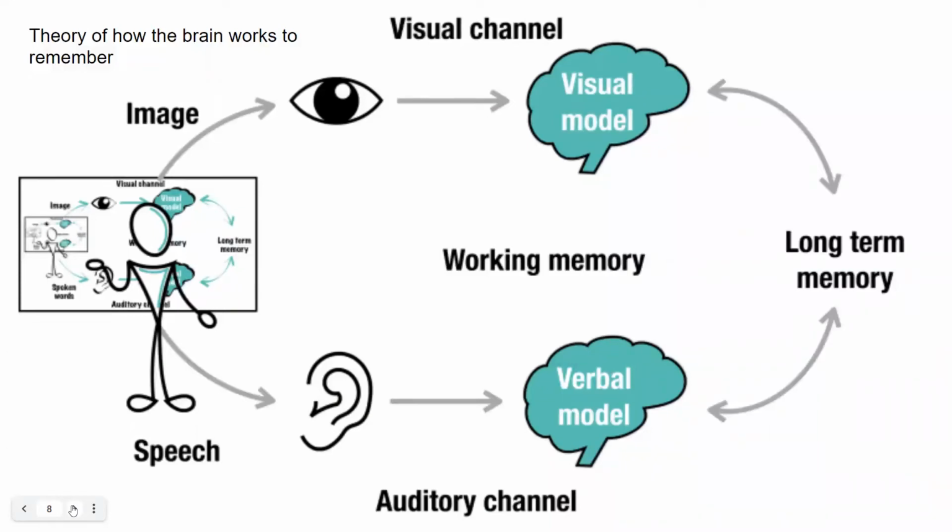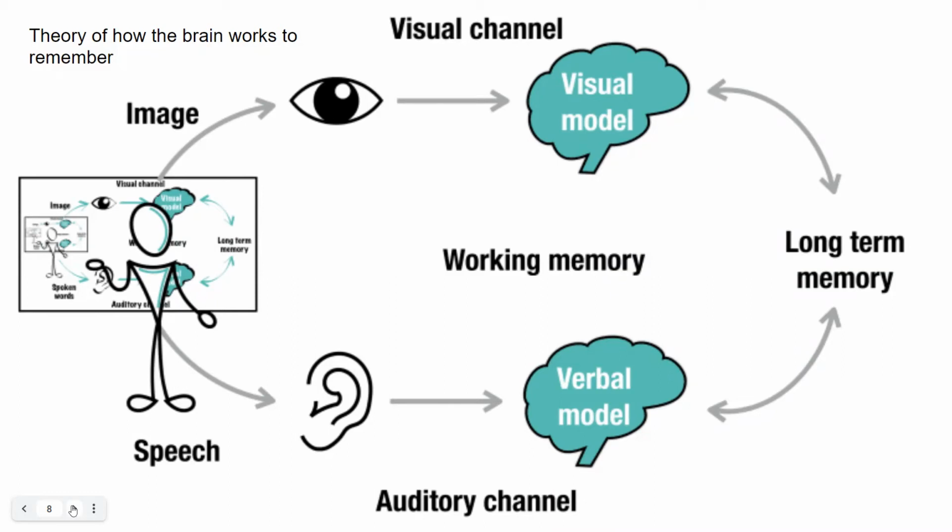And it's work that draws on the field of perception in psychology, and that has a theory about how we need to shape materials in order to make them maximally accessible to students.